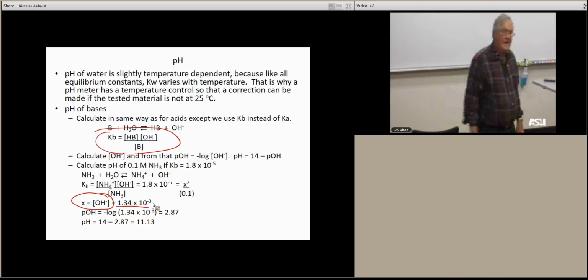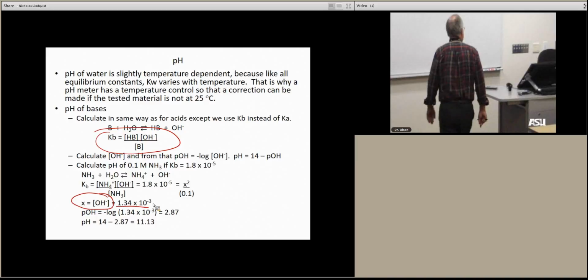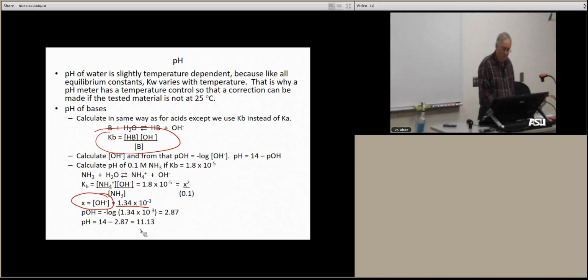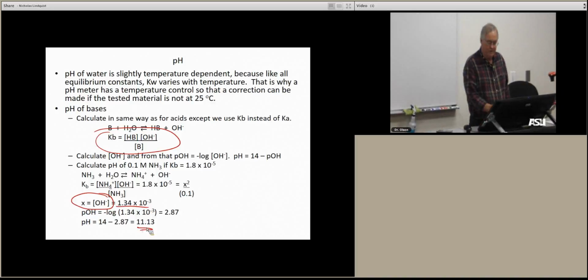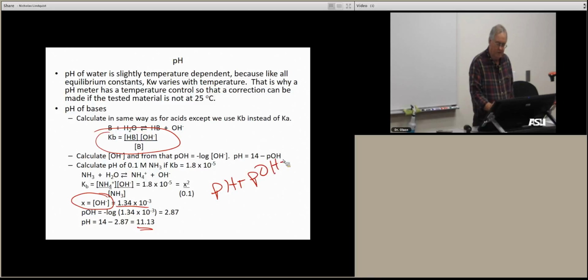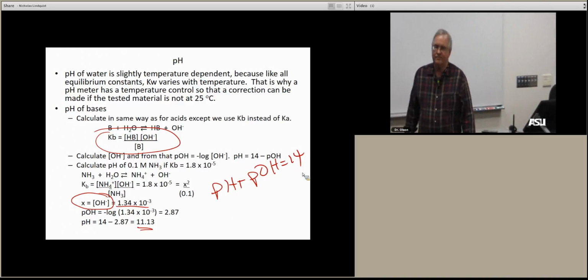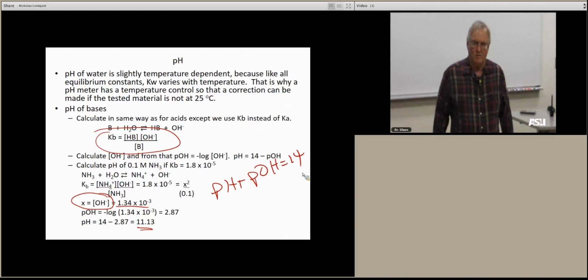The pH is going to be 14 minus the pOH, which is 11.13. The equation you need to remember is pH plus pOH equals 14. If you know the pOH, just subtract it from 14 and you'll get the pH.